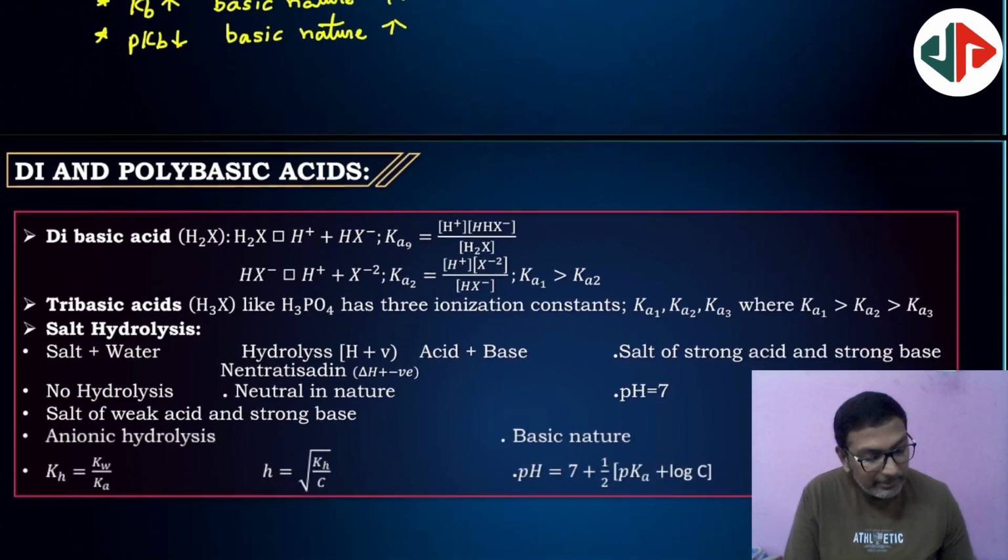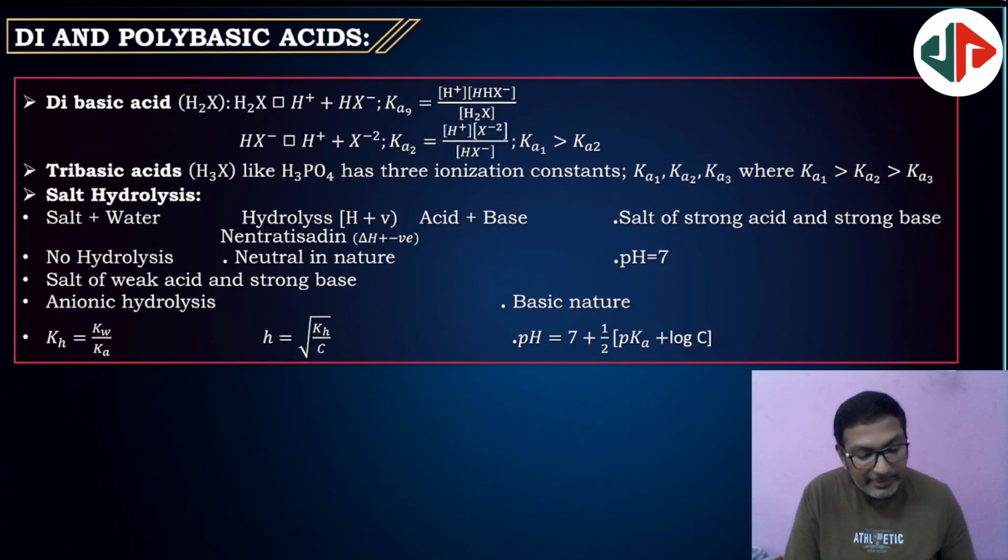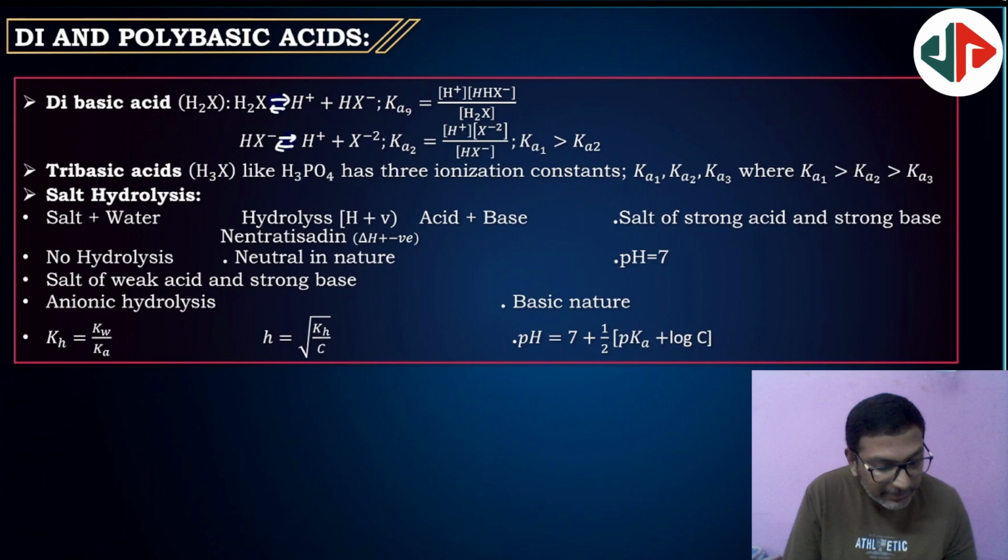Next, di and polybasic acids, that means containing more number of H plus ions. Here it should be a reversible arrow, and here also the same reversible symbol. Ka1 and Ka2.